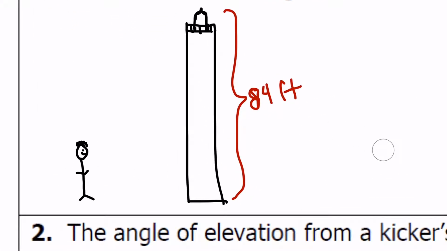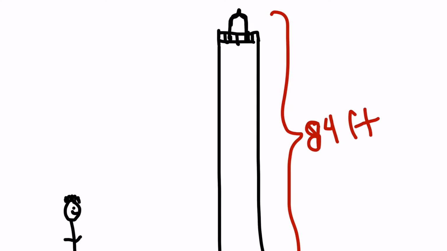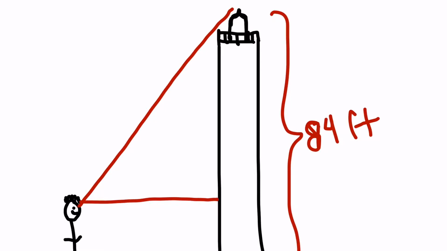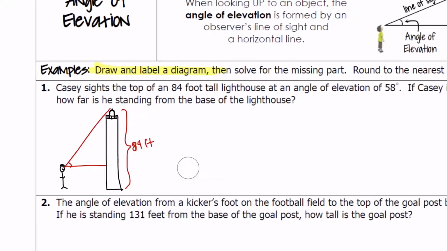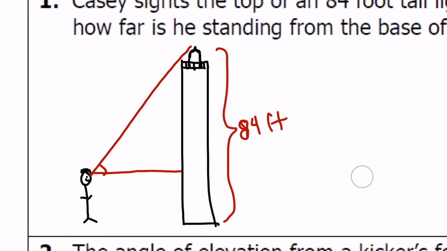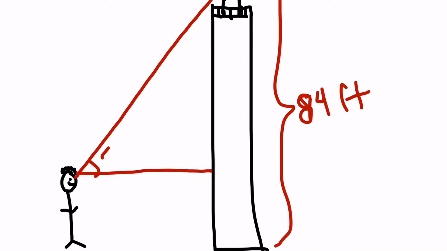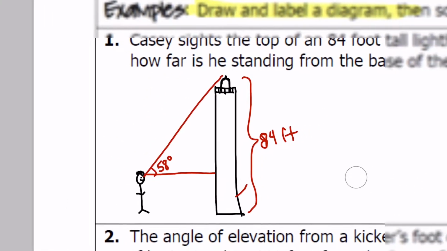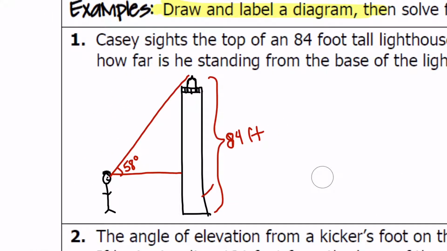So here's his eyes, and he's looking up at the top at a, what is it? Was 58 degree angle. All right. So now here's my triangle I formed.